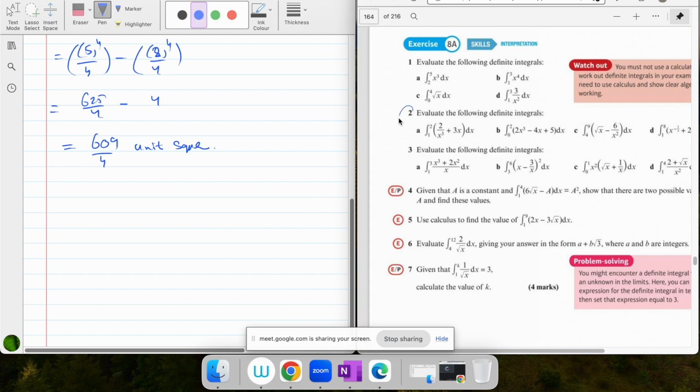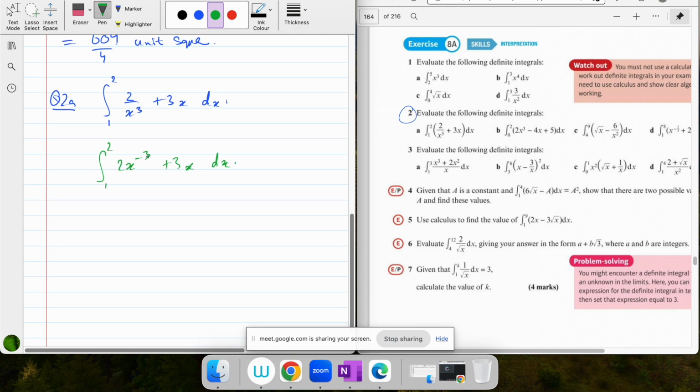Let's see question number 2a. It says integrate from 1 to 2 of (x cubed plus 3x) over x dx. So I'm going to bring x in the numerator first: 2x to the minus 3 plus 3x dx. Now I'm integrating.